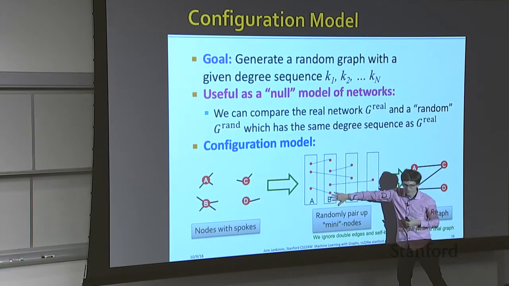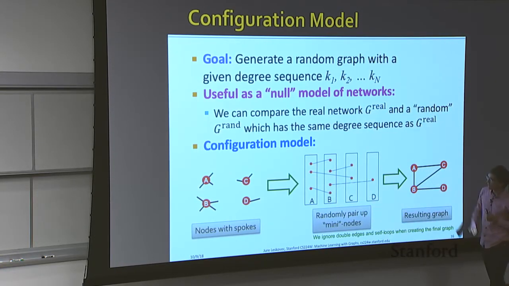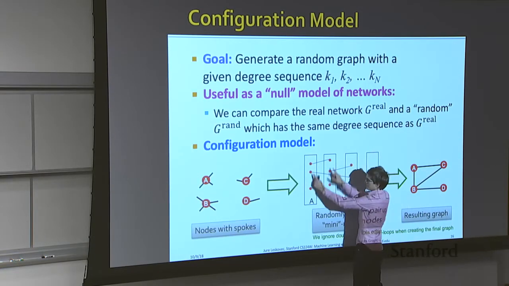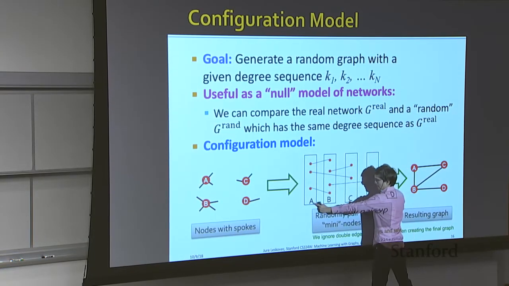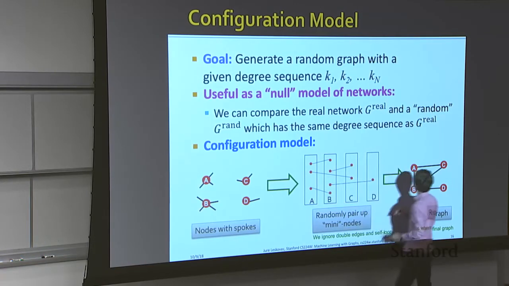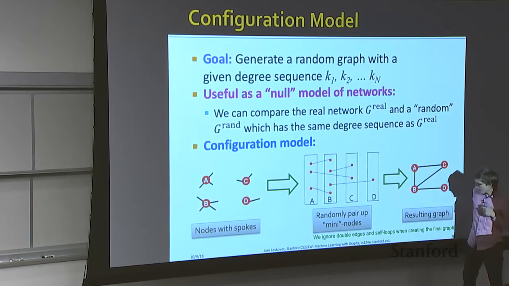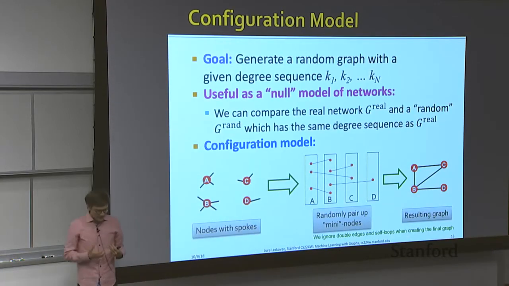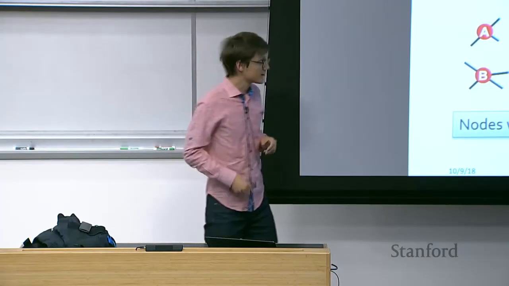So from this, here is the graph we would generate. Nodes A and B are connected because there are 2 edges. Nodes A and C are connected because there is an edge, okay? So this is a very quick and efficient way to generate these types of graphs.